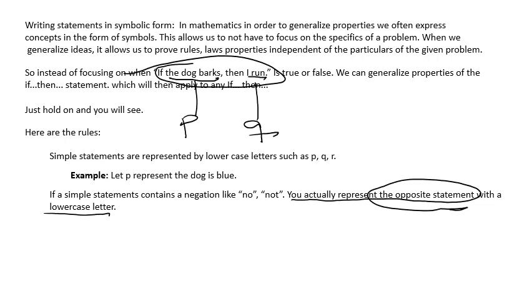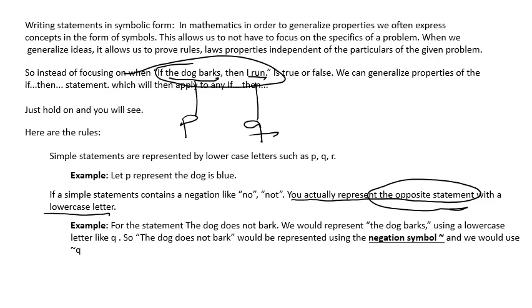We're going to see that in a little while. So, for example, the dog does not bark. We would actually represent the dog barks using a lowercase letter like Q. So, the dog does not bark would be represented using the negation symbol and we would write not Q.